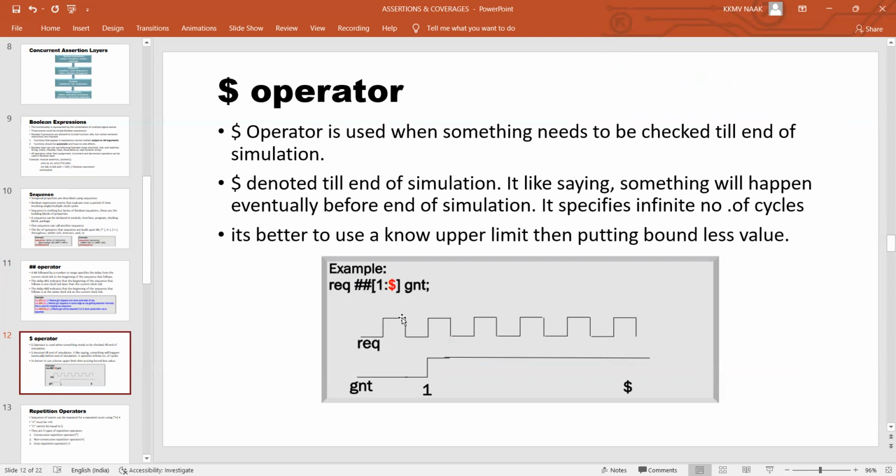So when it is asserted high, after 1 clock cycle delay only your grant will be asserted. This is your 0th clock cycle, this is your first clock cycle. So grant will be asserted from 1 clock cycle until the end of your simulation, because we do not know any upper limit value here. That's why we use the dollar symbol. Clear?